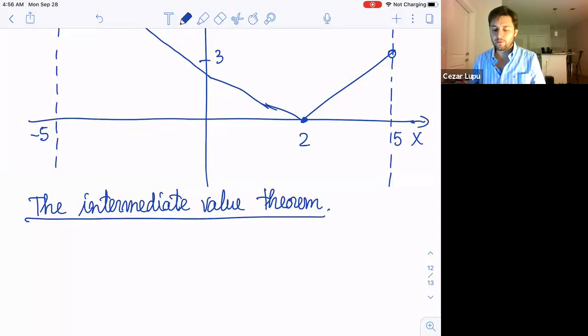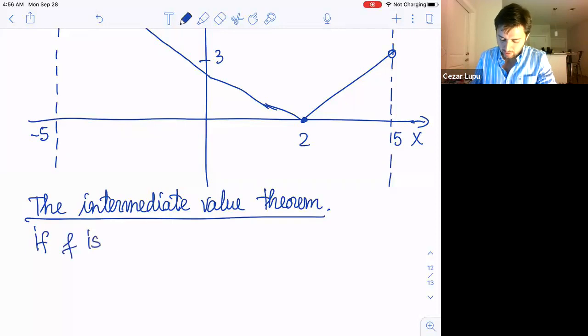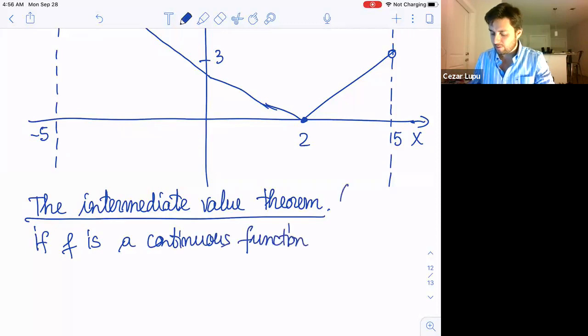Well, in other words, let me just state it, and then I'll draw a picture. You'll see graphically what I mean by the intermediate value theorem, because it has a really nice interpretation. So let's just write it first. If f is a continuous function, the intermediate value property is due to this French mathematician called Gaston Darboux.